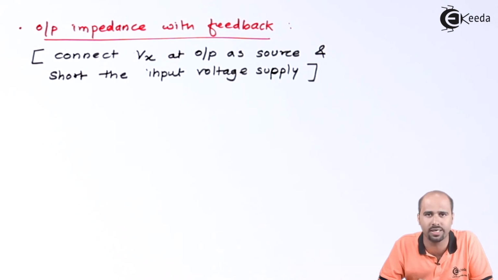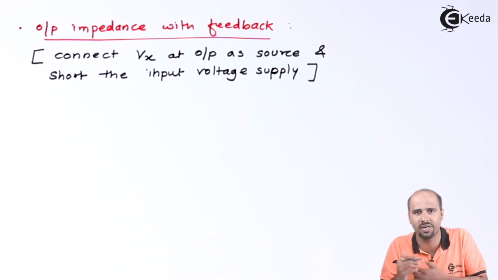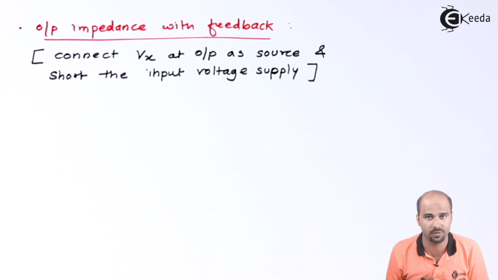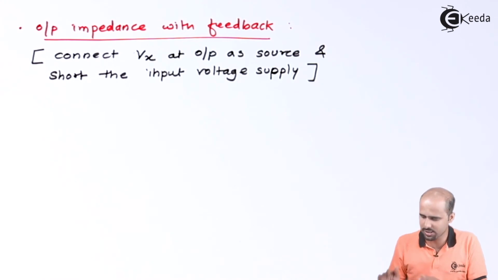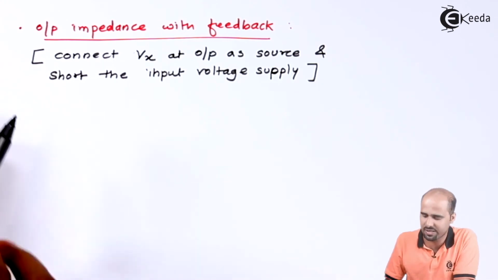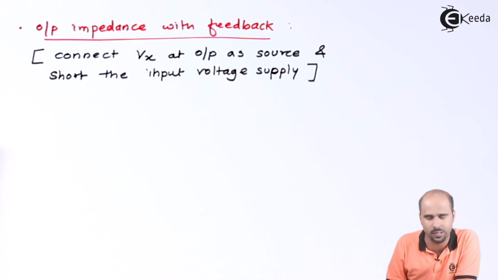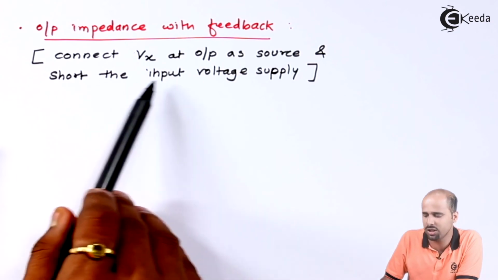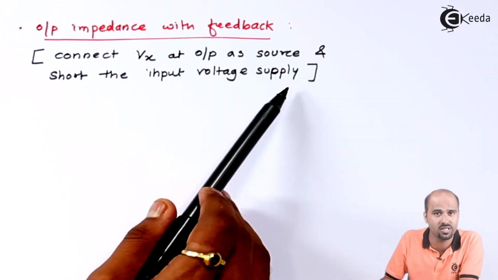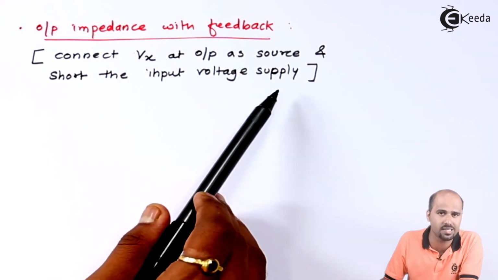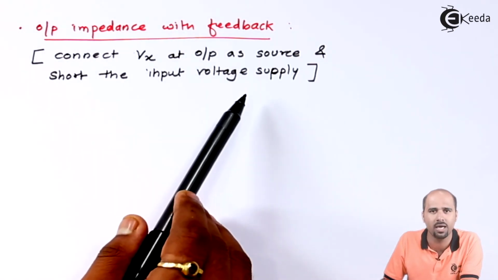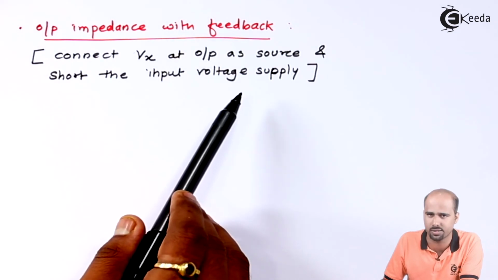So ultimately, whatever resistance I'm getting when looking from the output side is nothing but your output resistance with feedback, okay? So these two things are very important as far as output impedance with feedback is considered: connect Vx at the output side and short the input voltage supply. If it is a voltage supply, then you have to short it. If it is a current supply, then you have to open it, because we are replacing the power supply with its respective internal resistance, right?